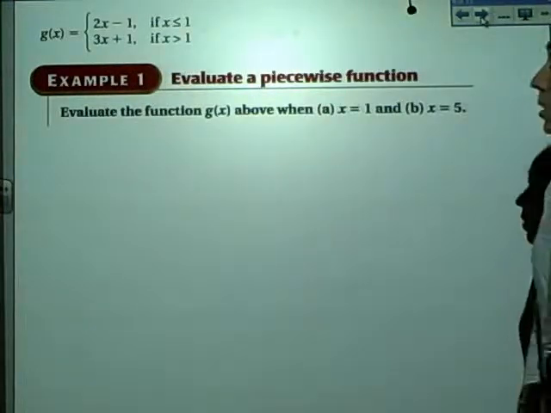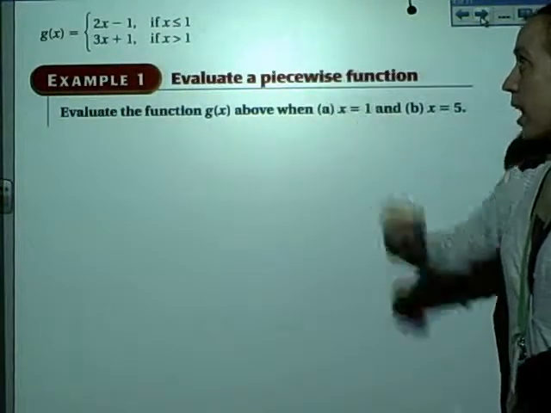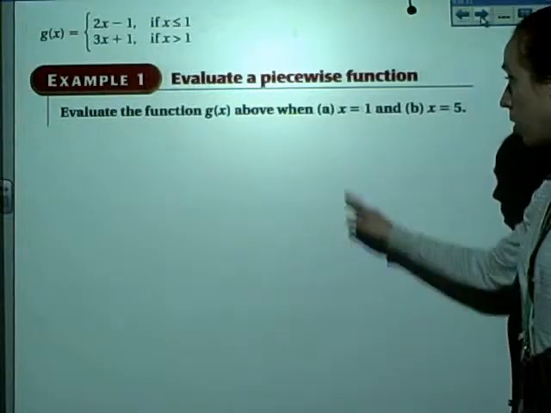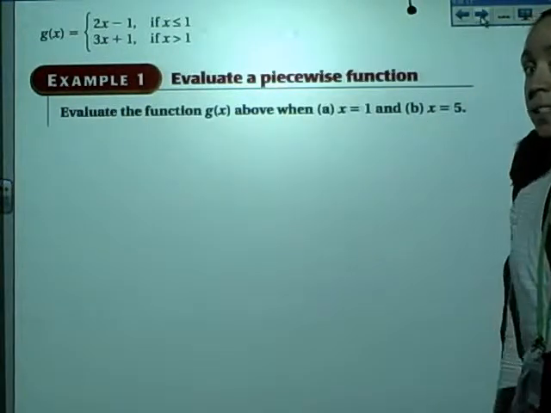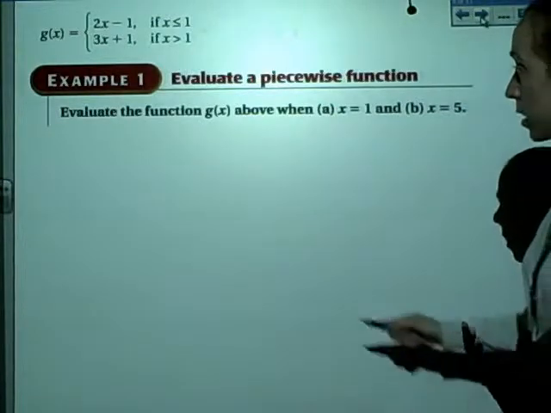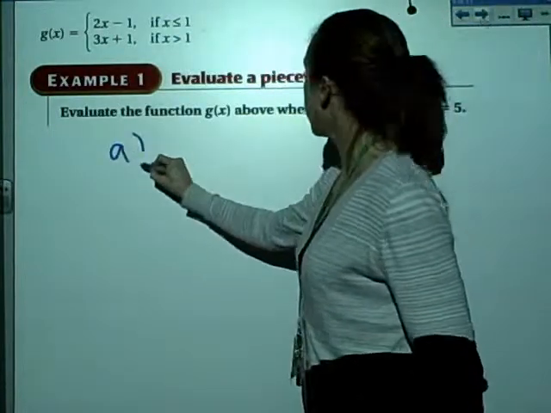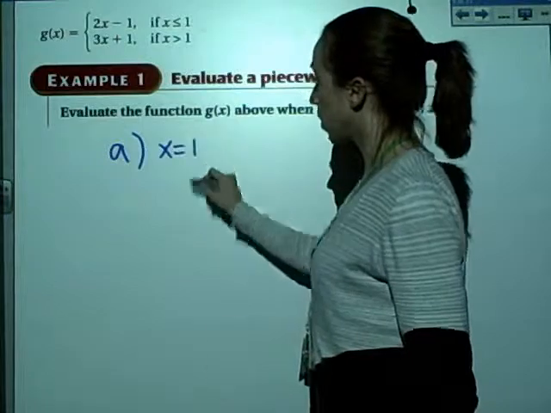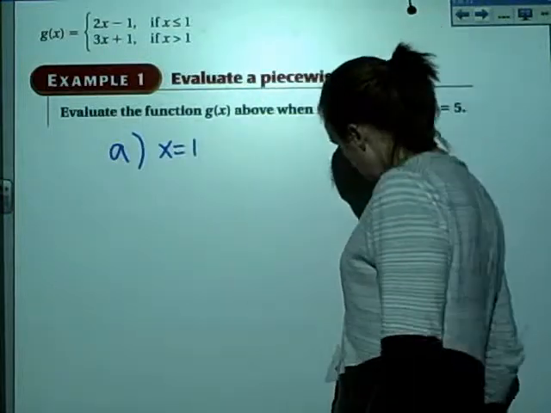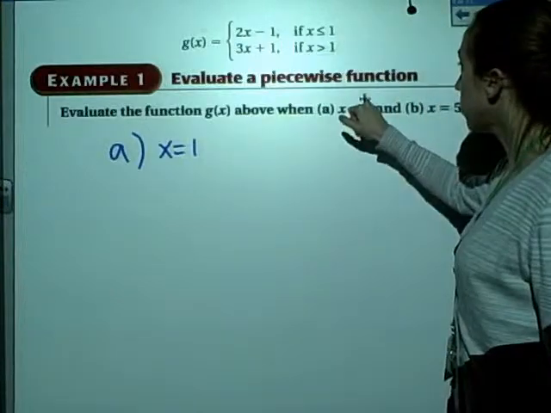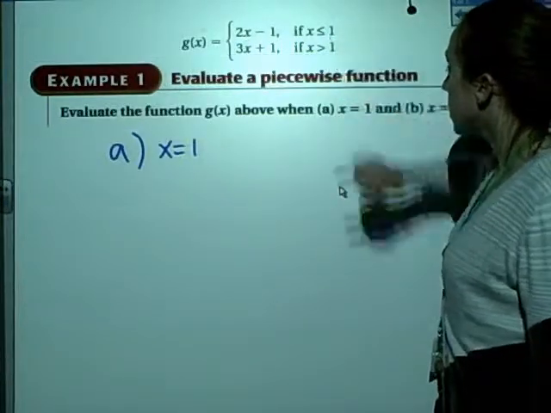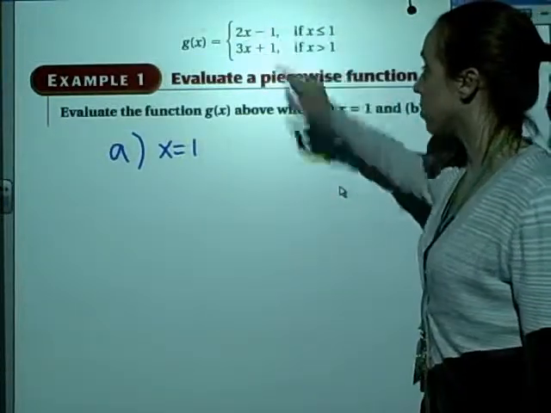Okay, so what we're going to do is evaluate that function above when x is 1 and then when x is 5. So what's key is I have to pay attention to that domain. A tells me x is 1. So I'm going to look at my function and say, okay, if x is less than or equal to 1, I can use this function.